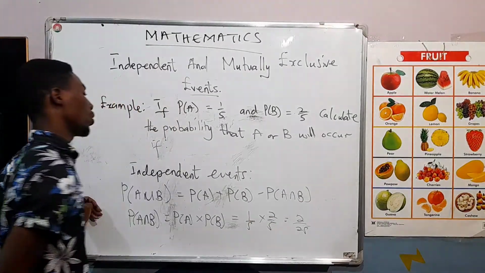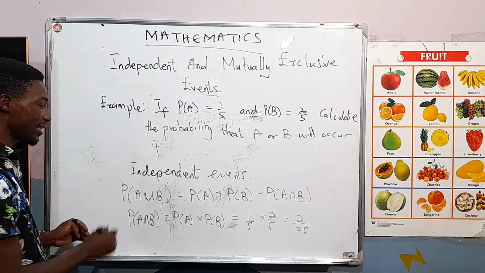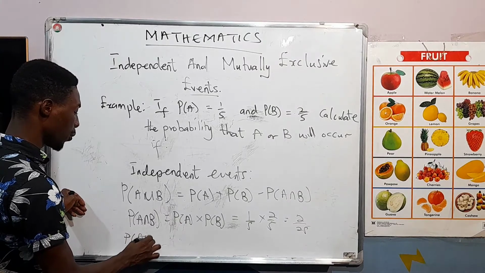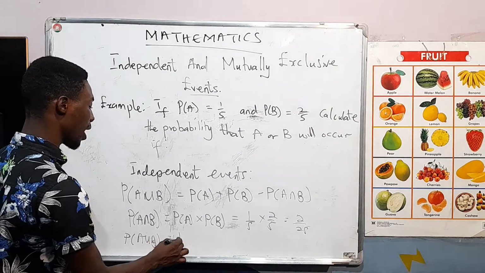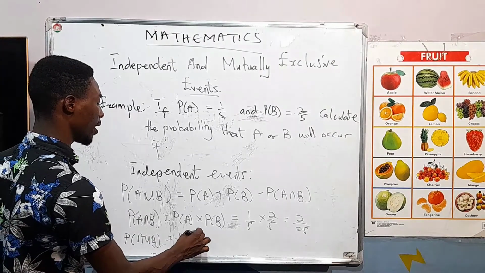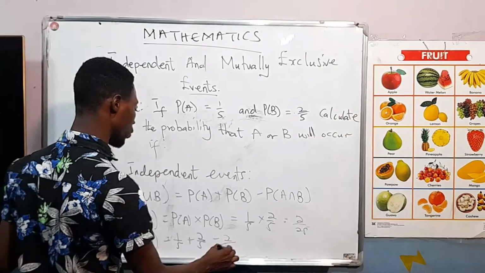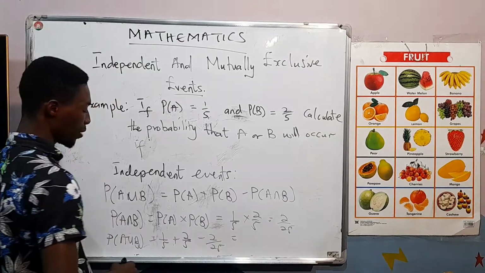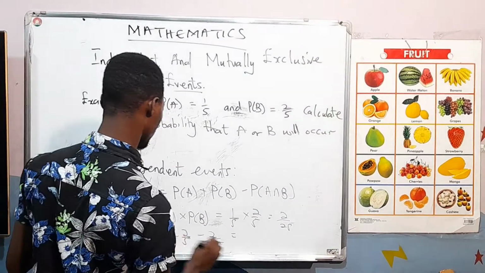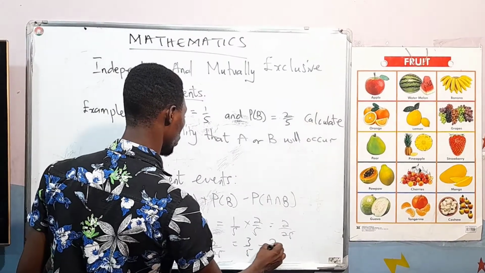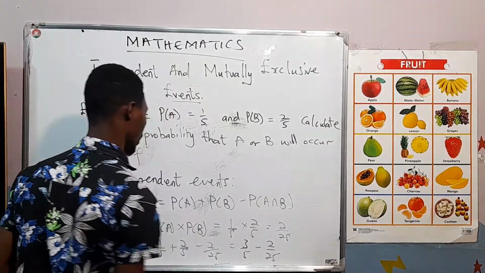2/25. So knowing this, we can insert it into our formula, the probability of A union B, to get 1/5 plus 2/5 minus 2 over 25. So we are going to get 3 over 5 minus 2 over 25, right?